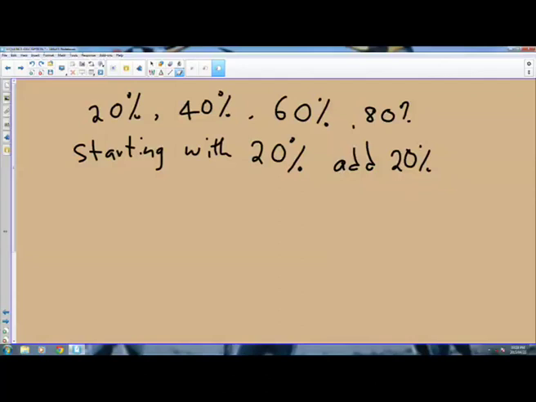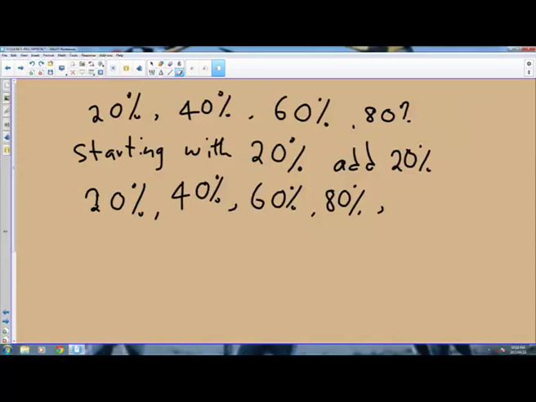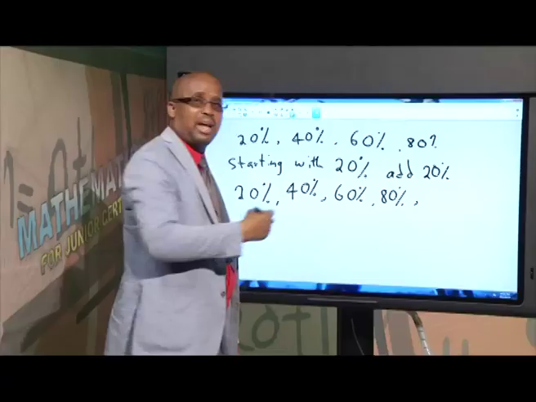And then the next two terms within this sequence will be 20%, 40%, 60%, 80%, and then 80% plus 20%.